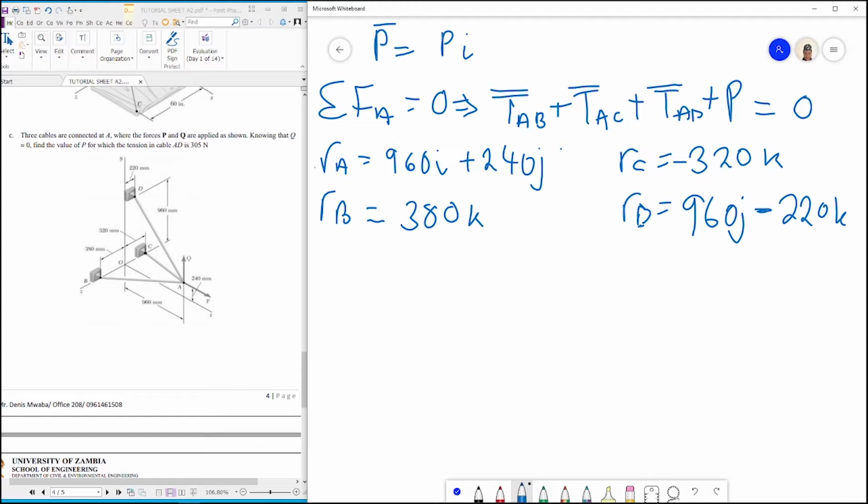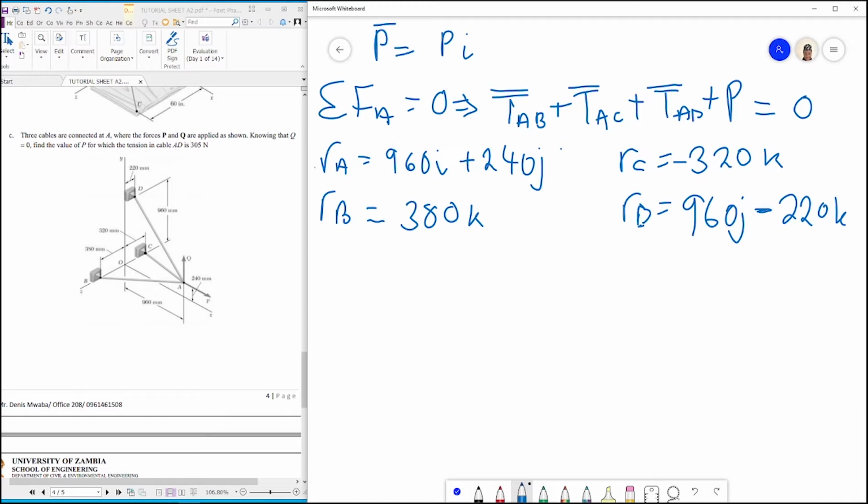That's your position vectors. So I've gotten RA, RB, RC, RD. Awesome. Now I need the position vector RAD.